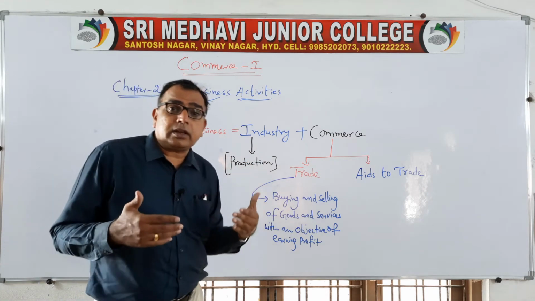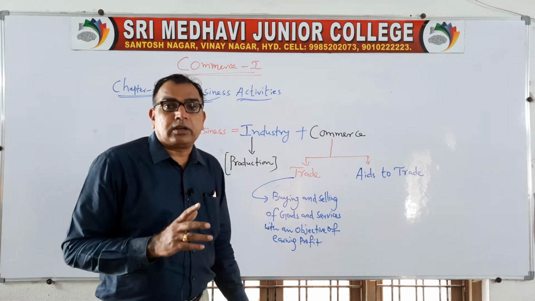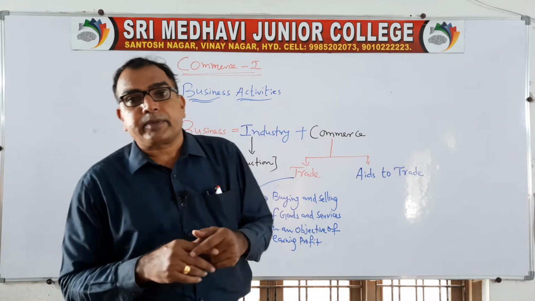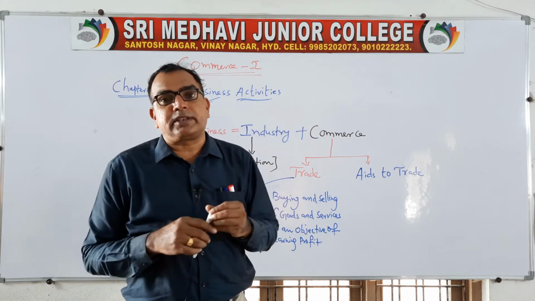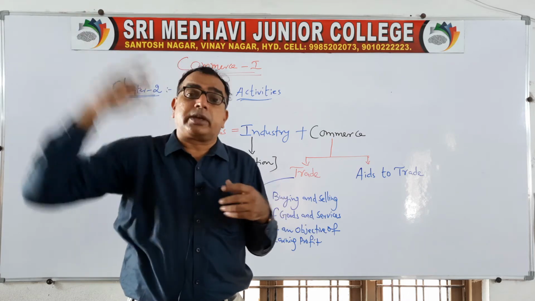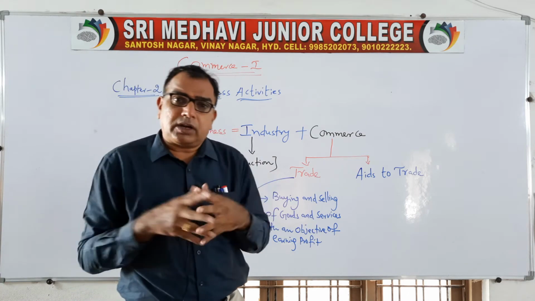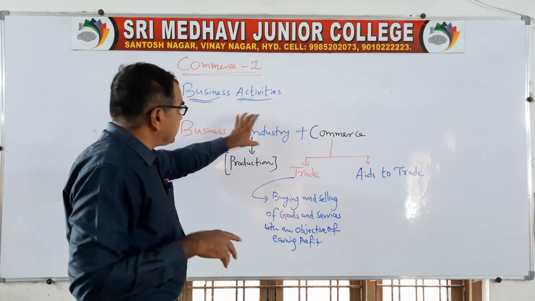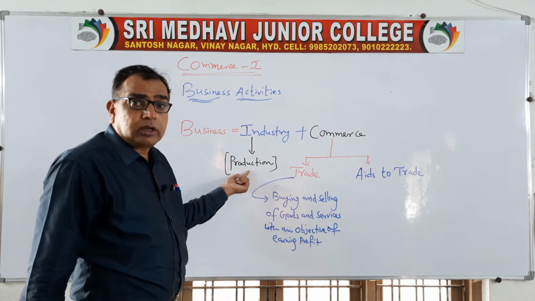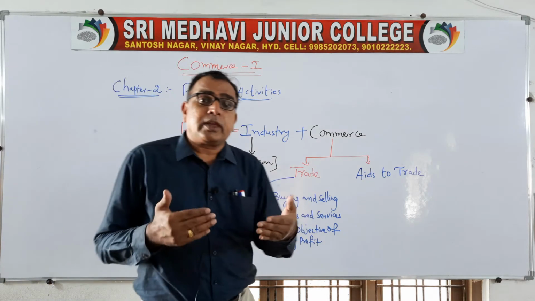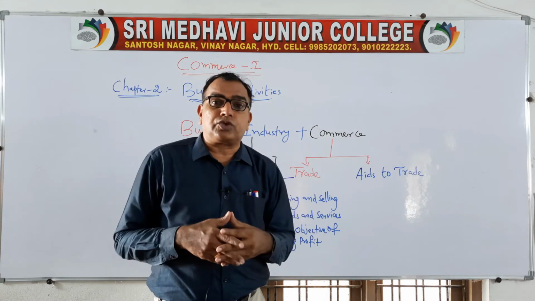It means where goods are made or manufactured, where you are making furniture, a shirt, pens or markers, or fans, whatever it may be. That is what is called industry. Industry is a place where goods are produced. In simple terms, it is where raw material is converted into finished goods.